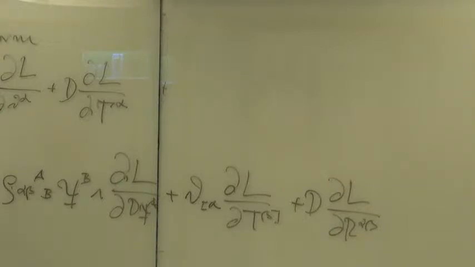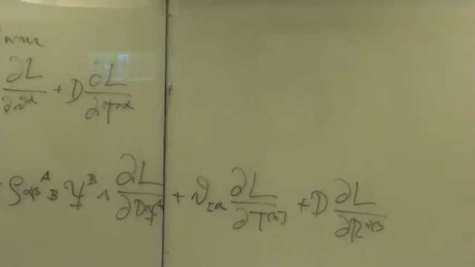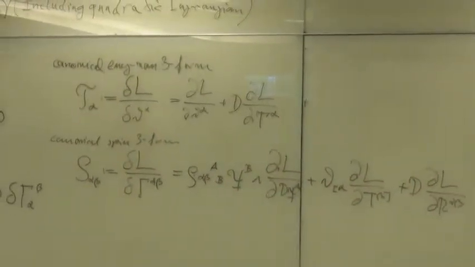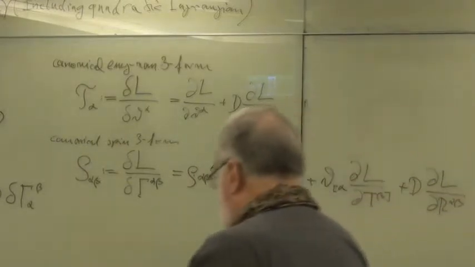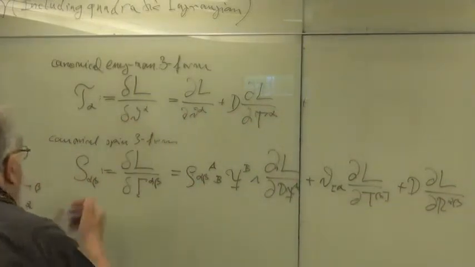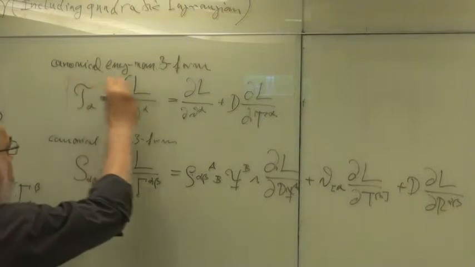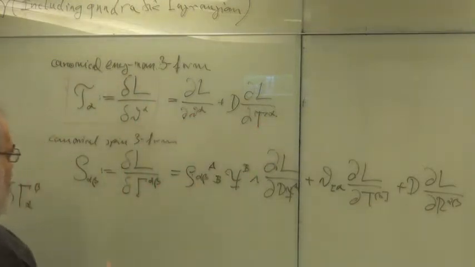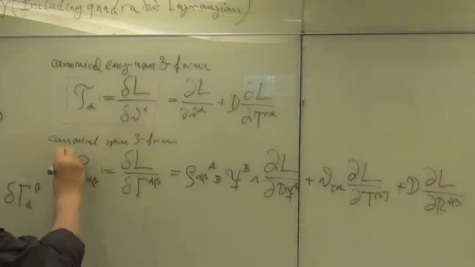So this is the decisive formula which I really have to frame, because this identifies these variational derivatives as the canonical tensors we know from classical field theory.